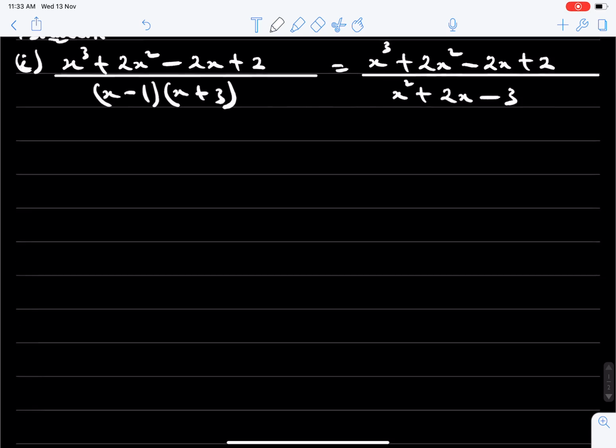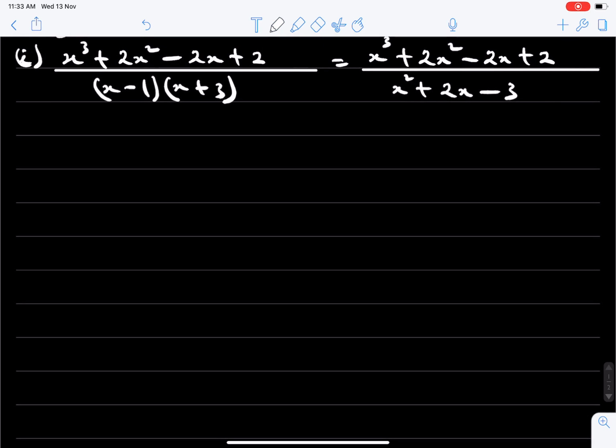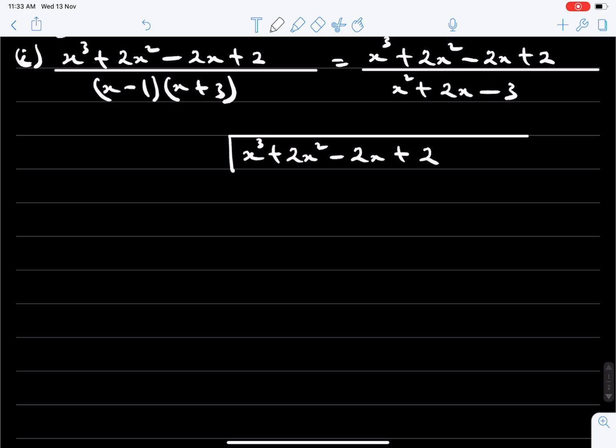Now I want to divide that. So how do I divide? x raised to power 3 plus 2x squared minus 2x plus 2 divided by x squared plus 2x minus 3. So we just divide, normally as we divide polynomials.